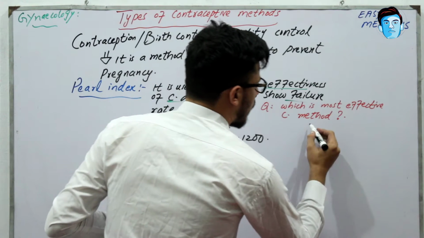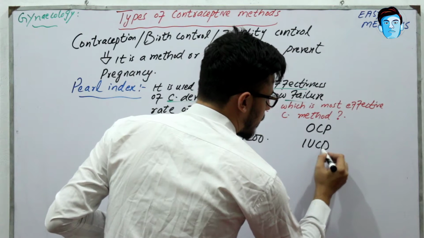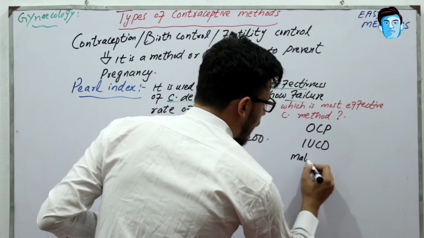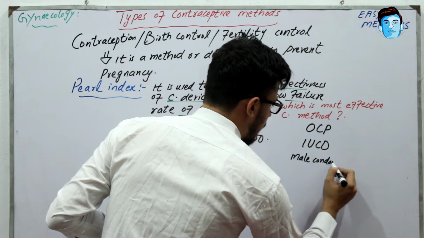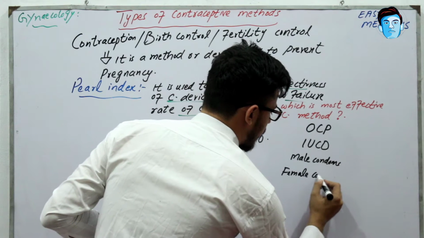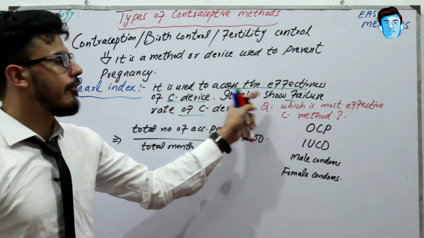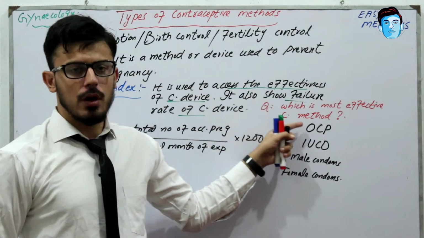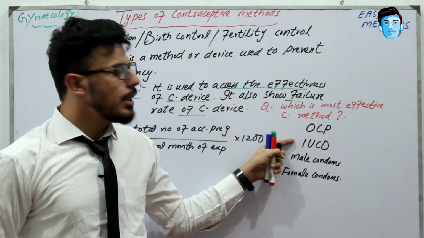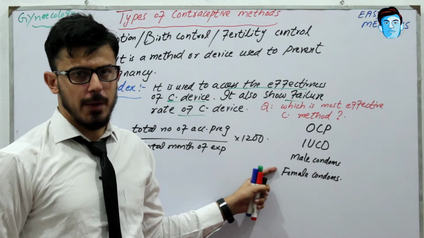That is a question. So the most effective contraceptive method is oral contraceptive pills, followed by intrauterine contraceptive devices, and then male condoms and female condoms. So don't forget the point: the most effective are oral contraceptive pills, followed by intrauterine contraceptive devices, male condoms and female condoms.